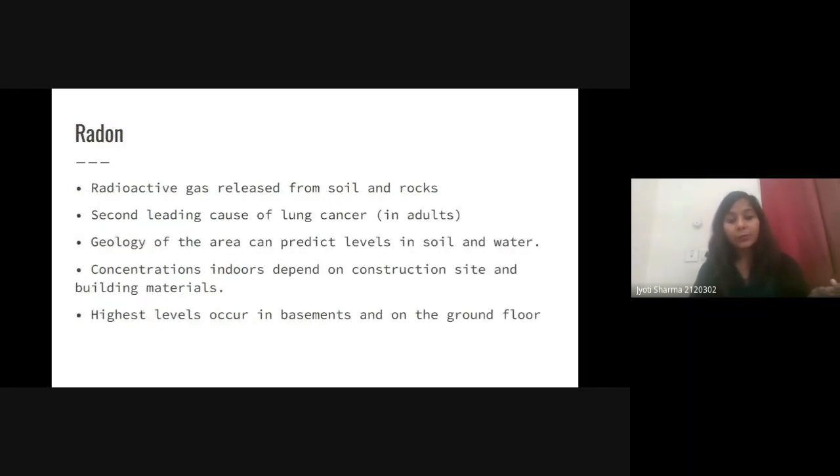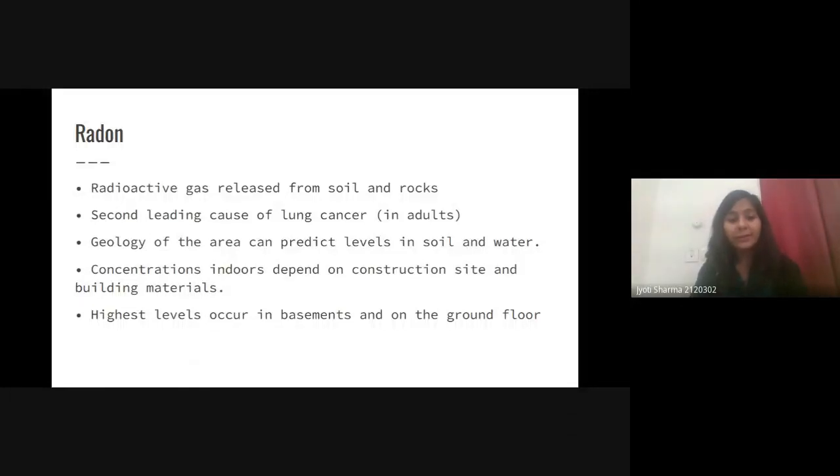Then I wanted to talk about radon. Radon is a radioactive gas released from soil and rocks, and it is the second leading cause of lung cancer. The geology of the area can predict the level of radon in soil and water, and this depends on the construction site and the building materials.